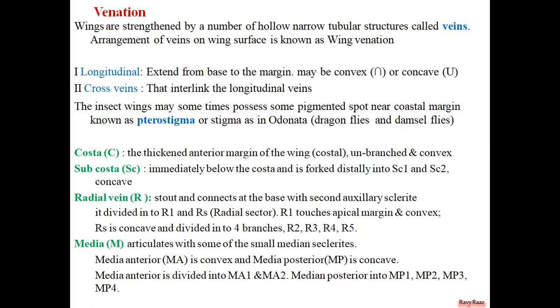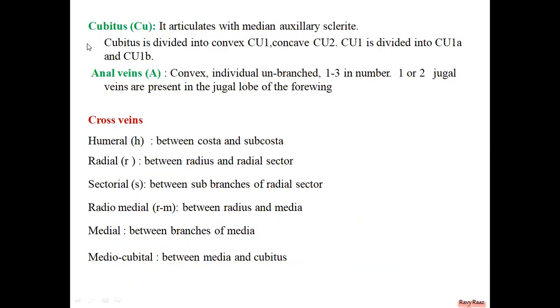In wing venation, there are different regions present in longitudinal veins and also in cross veins. First region is costa, second is subcosta, third is radial vein, fourth is media, fifth is cubitus, and sixth is anal vein.